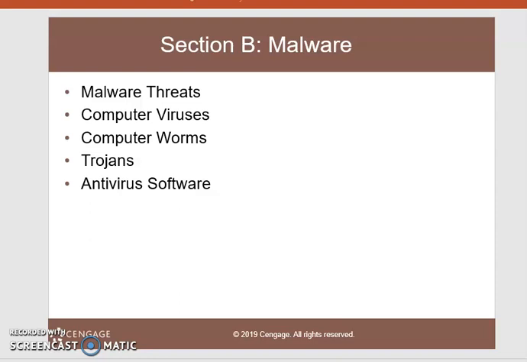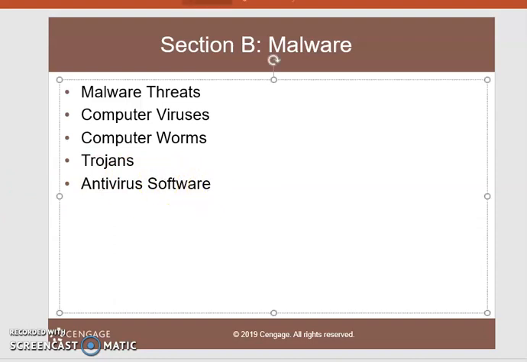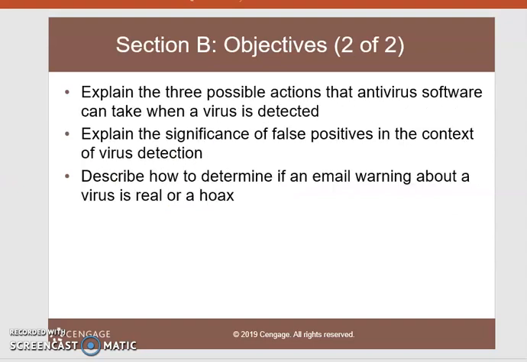For section B, I posted a different video about malware and viruses. Please go through that video. I think that one thing that is not mentioned there is antivirus software, so I'll focus on that.